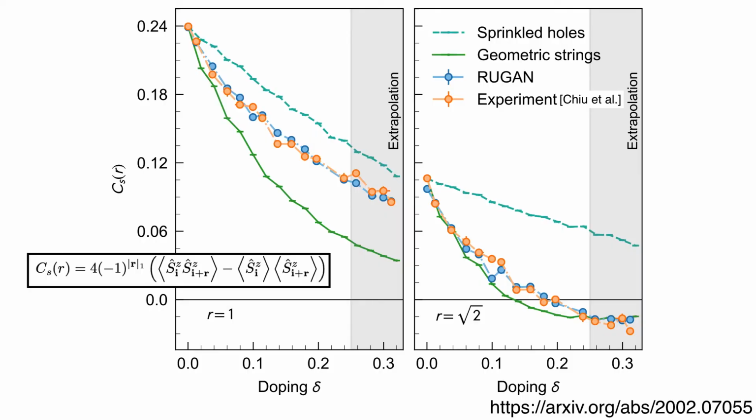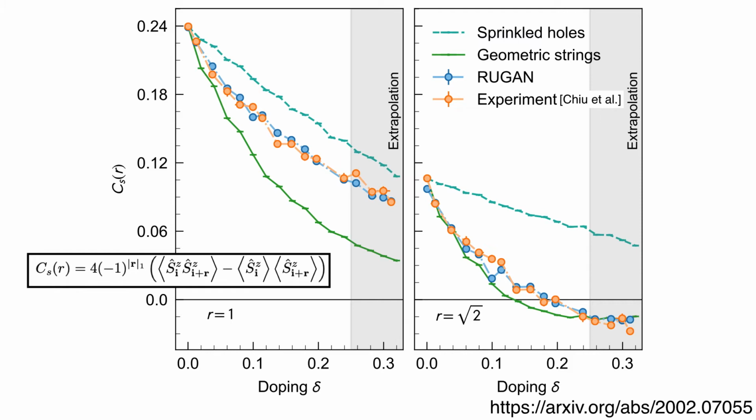But now if you start to look at the correlation function, so other observables that you can calculate, things become much more striking. So another phenomenological, or I guess analytical, set of theories to explain the correlations within the data are called sprinkled holes and geometric strings. You can see that there's actually very large deviation between what was observed experimentally and what the predictions from these methods are here.